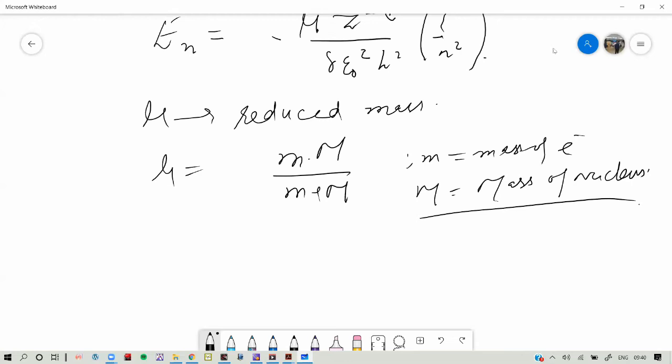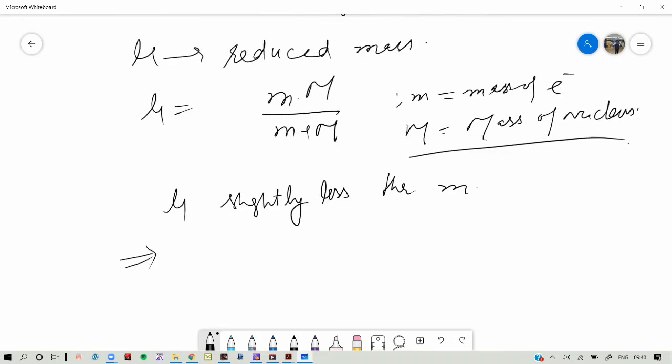If you see this expression more thoroughly, you will find that this mu is slightly less than m.